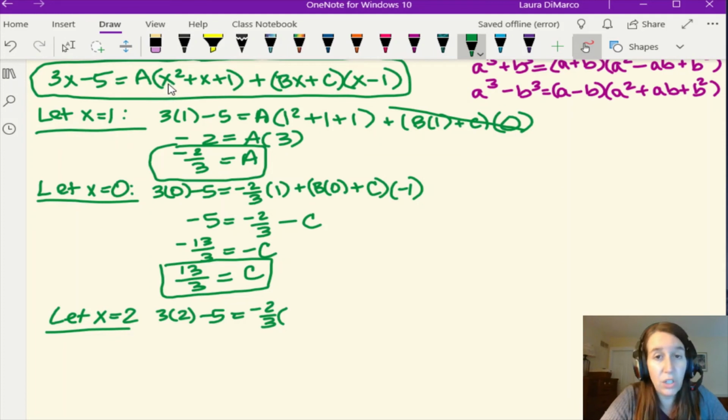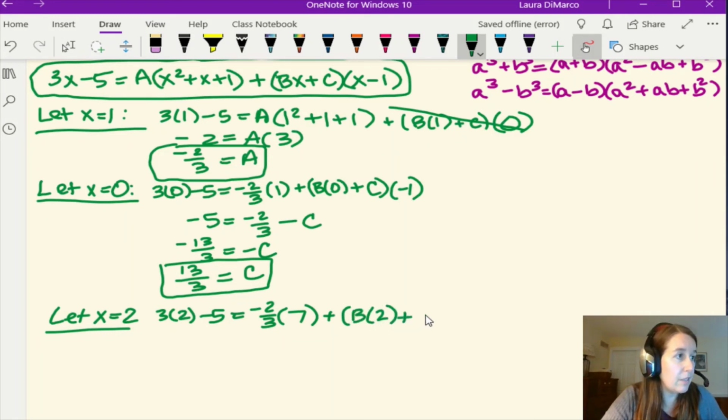So I'm putting in 2. So 2 squared is 4, plus another 2, that's 6, plus 1, 7, okay? And then that's plus b times 2 plus 13/3, and then that's times 2 minus 1, so that's just times 1.